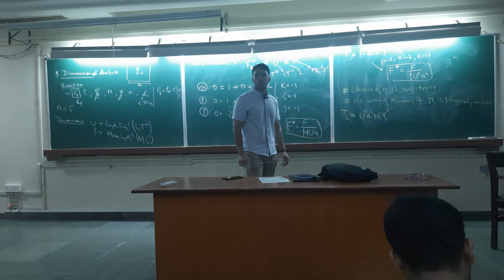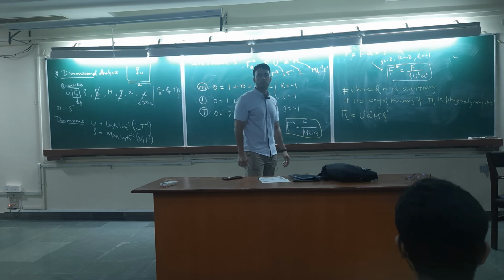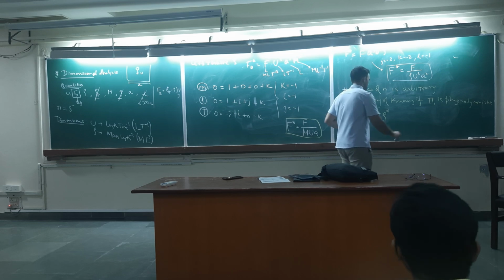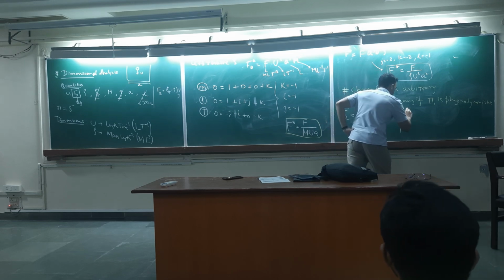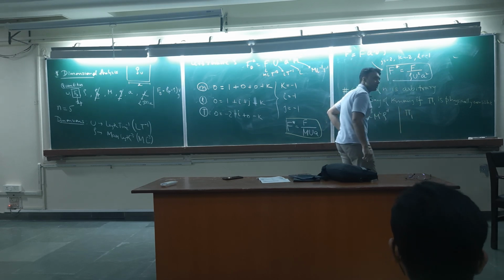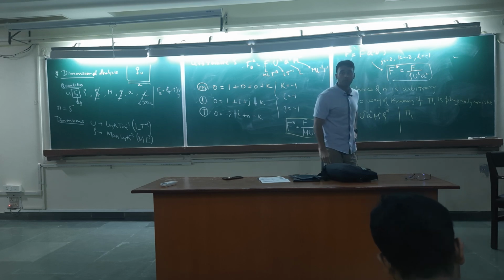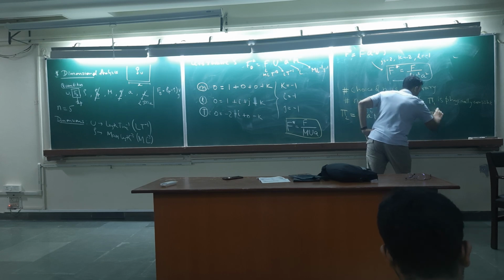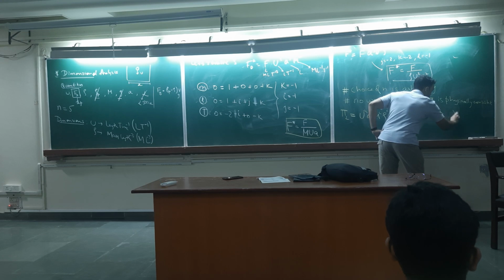Now, here comes criticism number 3 of dimensional analysis. It tells us that pi 1, whatever pi 1 we get, will be some function of pi 2, pi 3 and so on. If we had more, it will be more.